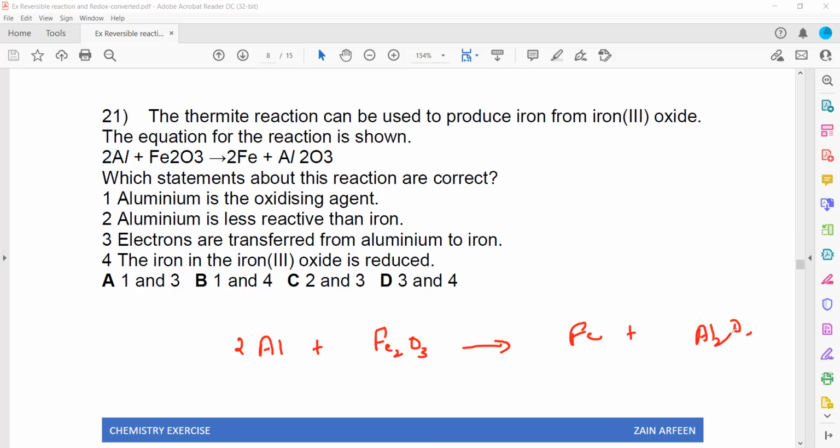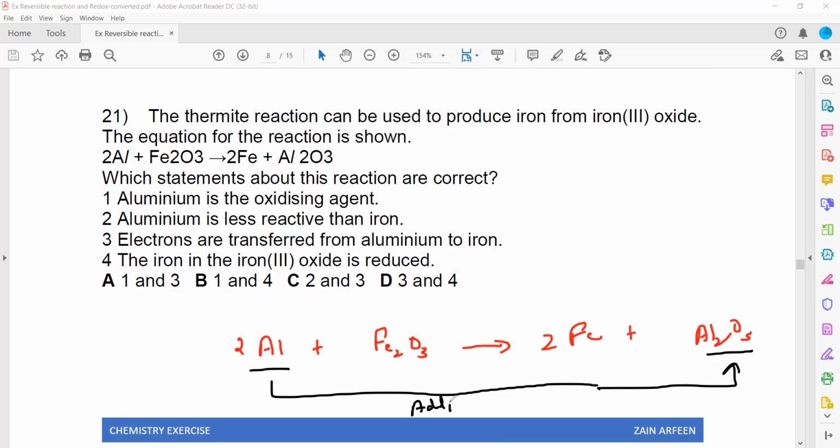plus aluminum oxide. So when oxygen is involved, we can use the oxygen to work out whether it is oxidation or reduction. First it is aluminum and then it turned into aluminum oxide. So if aluminum turned into aluminum oxide, it means there is an addition of oxygen, and whenever there is an addition of oxygen, we call this change oxidation.